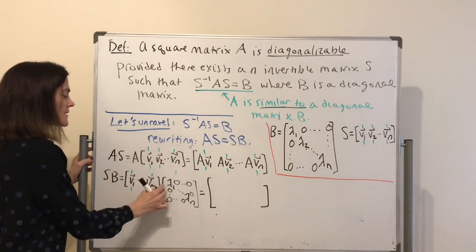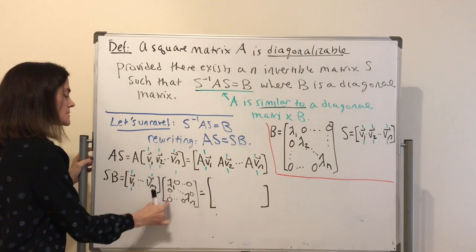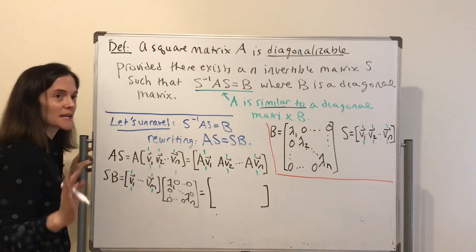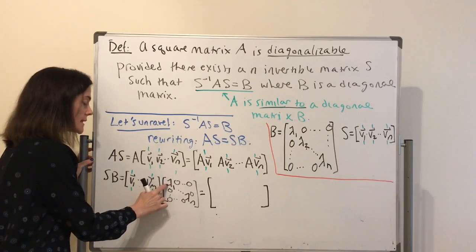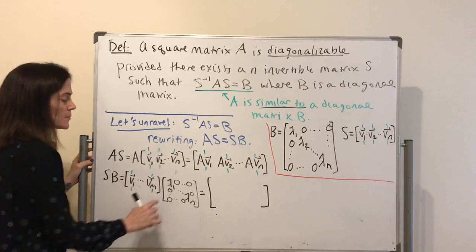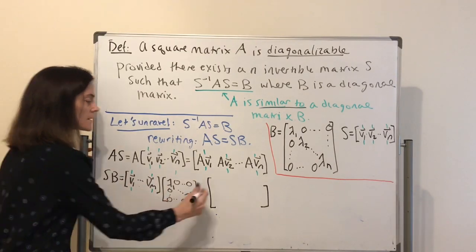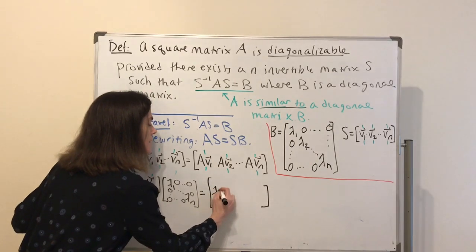But then if you think about this matrix times a vector as a linear combination of columns, you would get just lambda 1 V1 plus 0 times the rest of the columns. So this first one is lambda 1 V1.